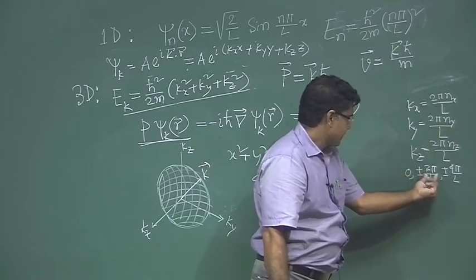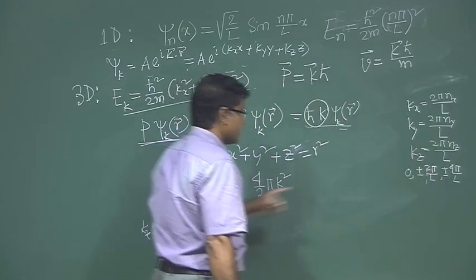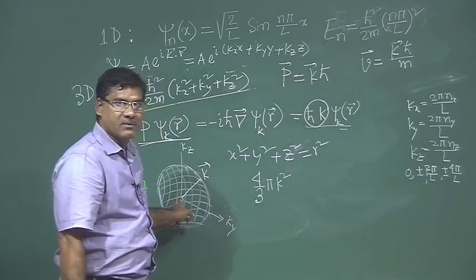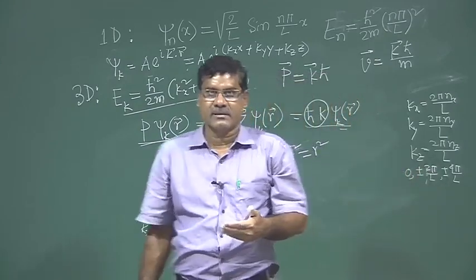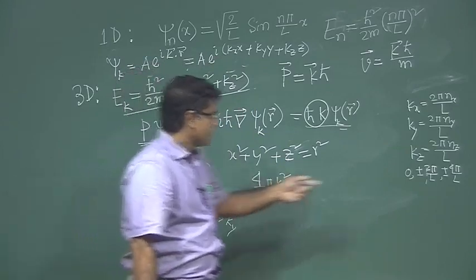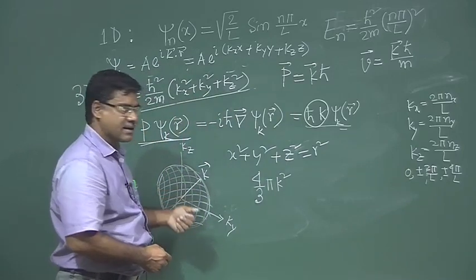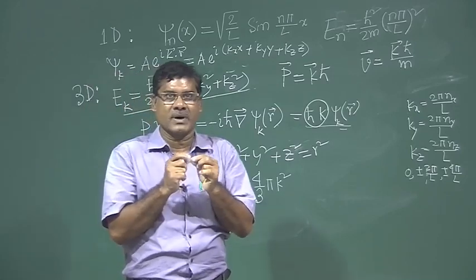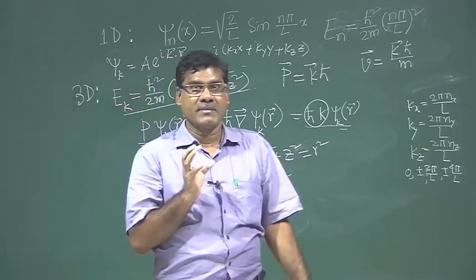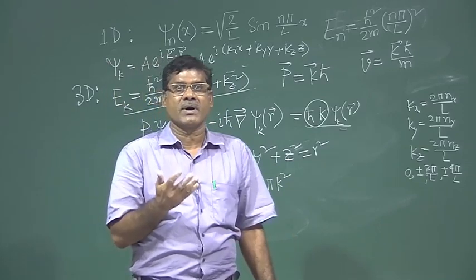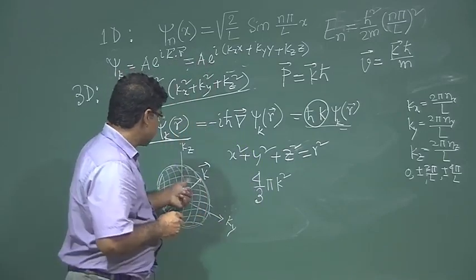Here, the smallest value: if you take the origin, the 0 value of Kx, Ky, Kz, then the next one is 2 pi by L, then 4 pi by L. So, the smallest one is 2 pi by L. Taking the smallest dimension 2 pi by L in all 3 directions along Kx, Ky, Kz, you will get an elementary volume for a particular set of Kx, Ky, Kz.